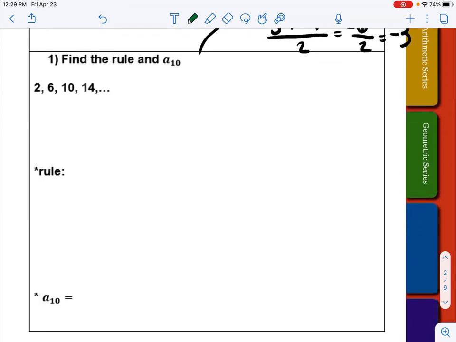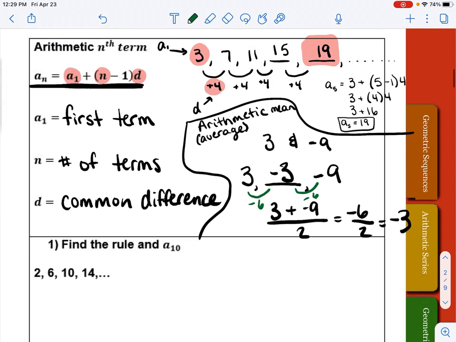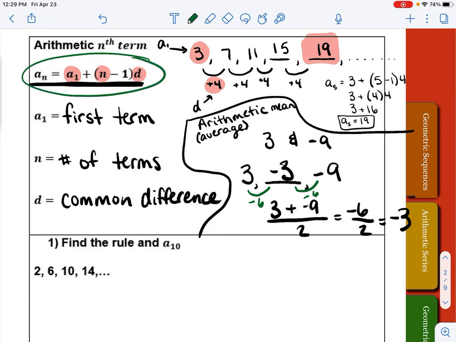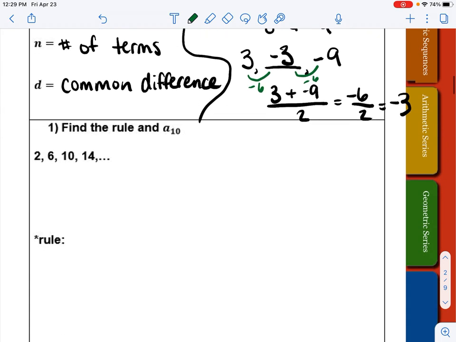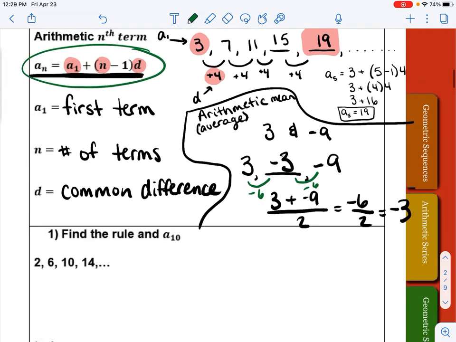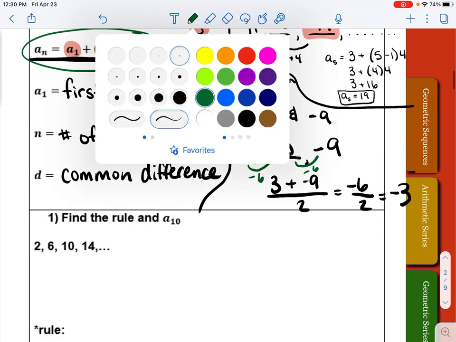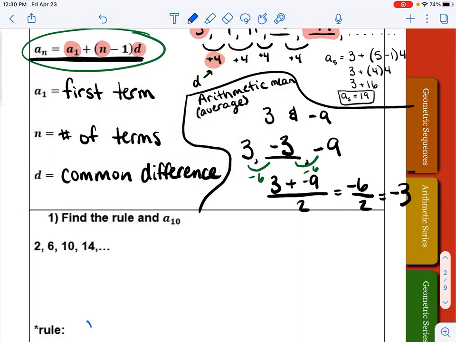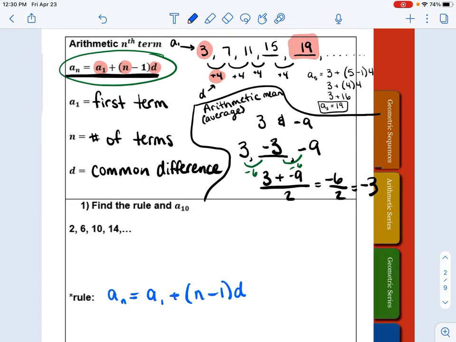So now we are going to use all this. We are going to find the rule, so that's just the equation using this, and find the 10th term. So I'm going to go ahead and rewrite my equation down here. I'm going to use a sub n equals a sub 1 plus n minus 1 all times d.